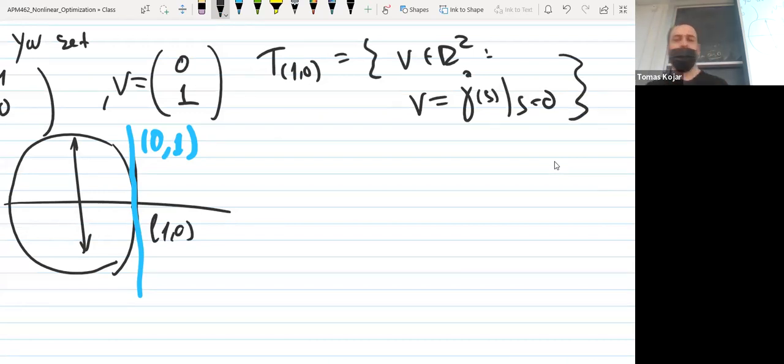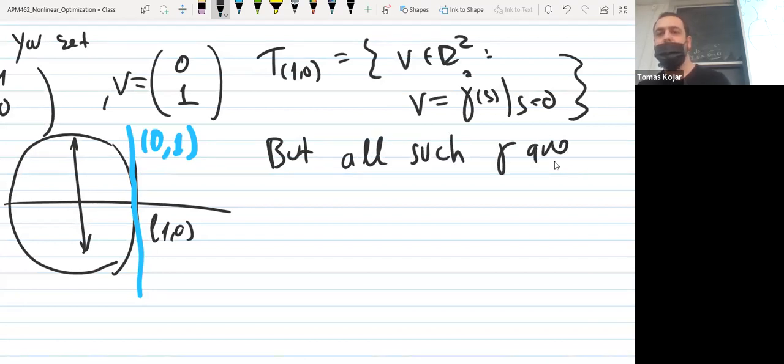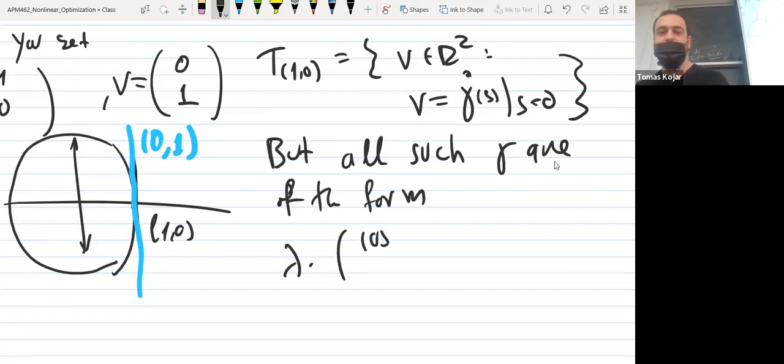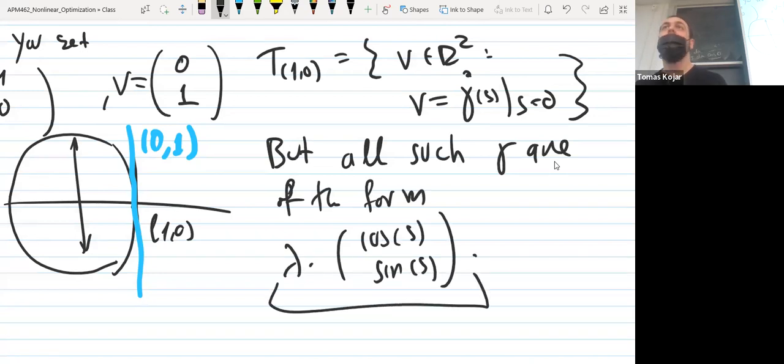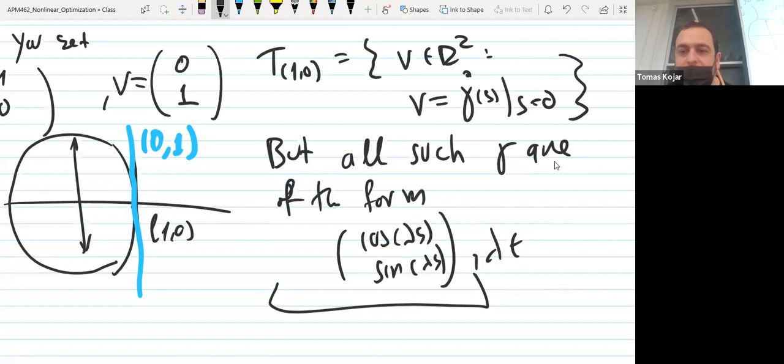Okay, but all such gamma are of the form lambda times cosine s, sine s. So all the possible parametrizations that are contained in the unit circle. Sorry, I have to put it in. I forgot. They all look like this for some lambda real number.